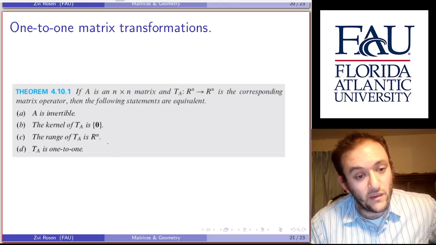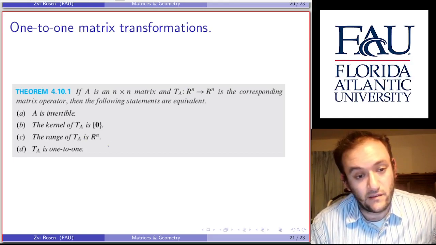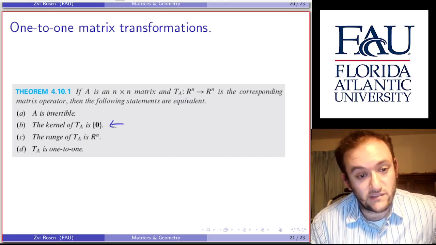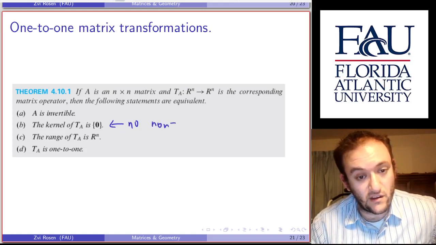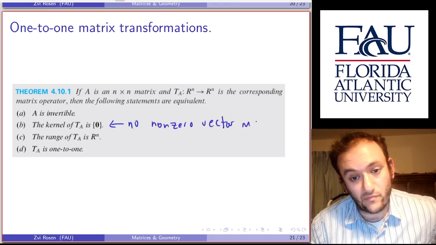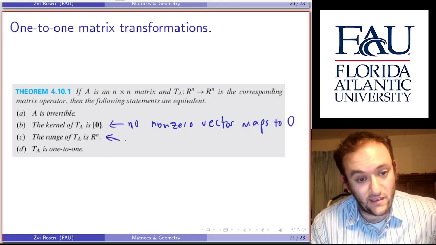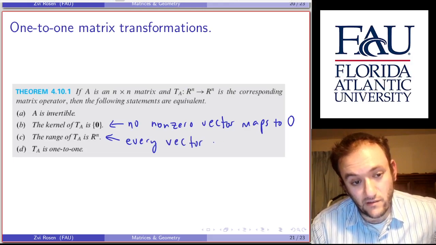Okay, the range of TA is Rn. So the kernel condition is saying that no non-zero vector maps to 0. This says that every vector is mapped to.